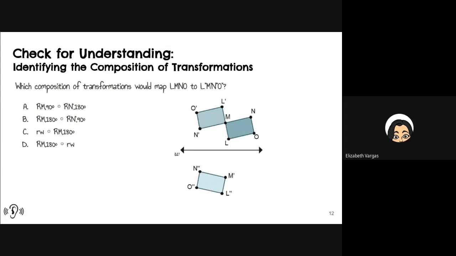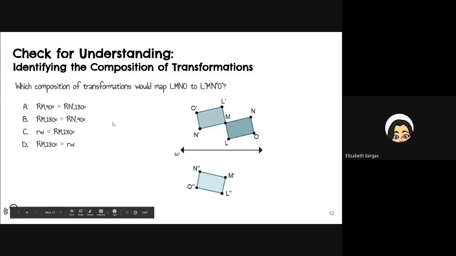So let's look at this diagram and do a quick check for understanding. We want to know which composition of transformations would map LMO to L prime, M prime, and O prime. So we start with our pre-image, L, M, and O, and we want to know which of these compositions represents the mapping of our pre-image to our resulting image.